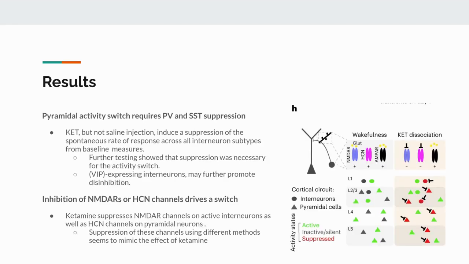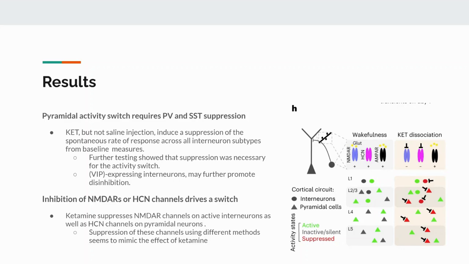It seems that the inhibition of GABAergic interneurons is a big part of why the activity switch occurs. First, it seems that the pyramidal activity switch requires both PV and SST suppression. These are both inhibitory interneurons. And it seems that both systemic and local doses of ketamine, but not saline injection, induce a generalized suppression of the spontaneous rate and peak response across all interneurons from baseline measures.